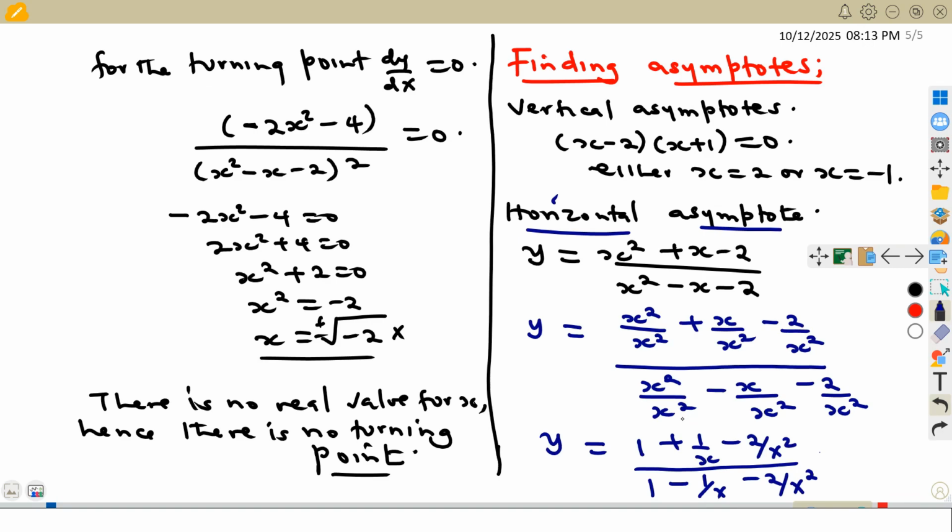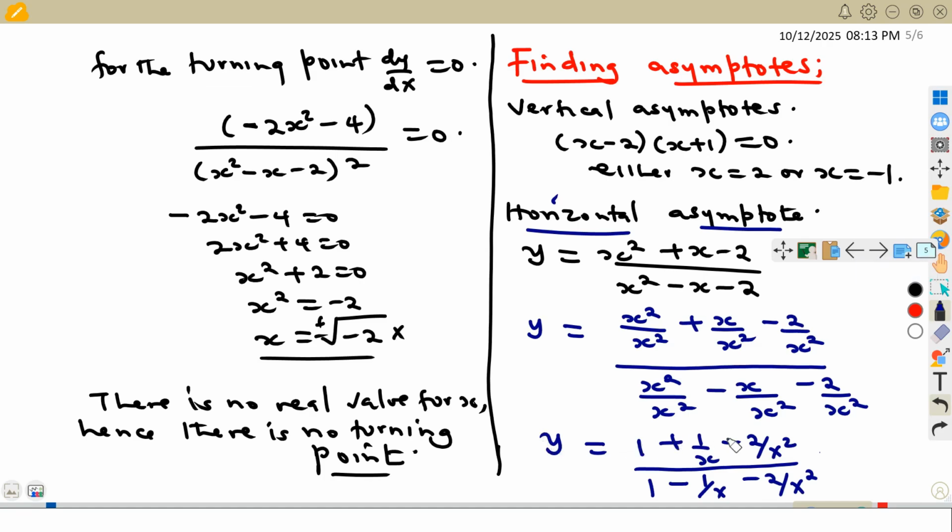So after doing this, we shall now consider x tending to infinity. So as x tends to infinity, where will y be tending to? We are looking at this expression, which has 1 plus 1 upon x.